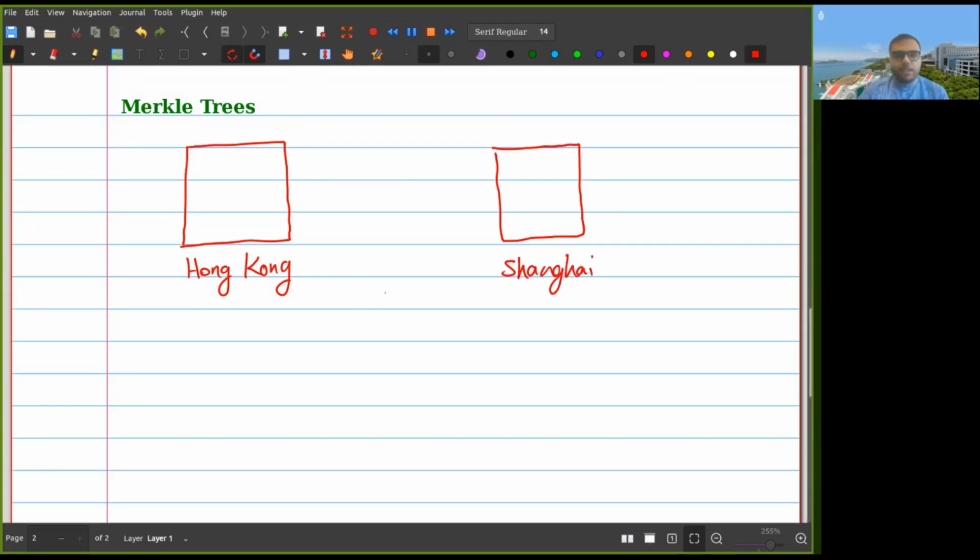And the idea was that people just make some deposits. So let's just give a name to the person who makes a deposit. So let's say Alice makes a deposit. Let's say she deposits $100 in Hong Kong. And she's supposed to receive this $100 later on in Shanghai.